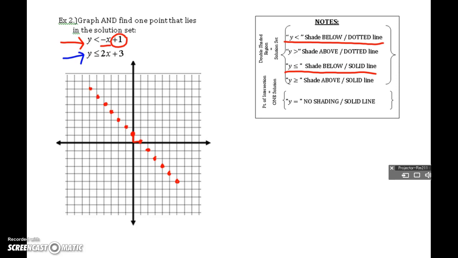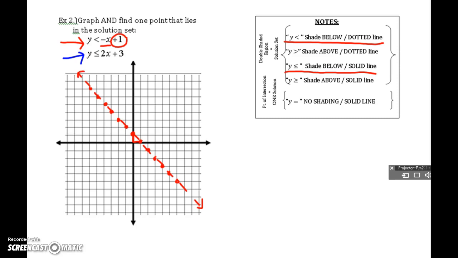The next thing I need to do is decide whether to draw a solid or a dashed line. This is y strictly less than, so it's not actually including the line. So I'm going to draw a dashed line. It still has arrows on the end.